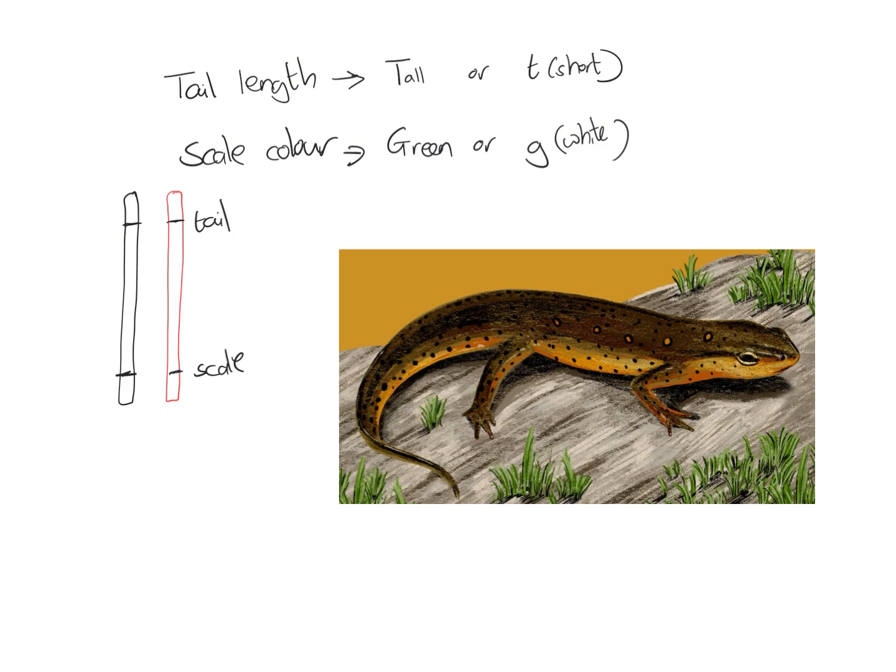If this individual is heterozygous, then maybe they've got the dominant T on one of those chromosomes and the recessive t on the other one. If they are heterozygous for the scale colour as well, maybe they've got the dominant G over here and the recessive g over here. When meiosis happens and reduction division occurs, what you can see as the black and the red chromosome will be separated from each other.